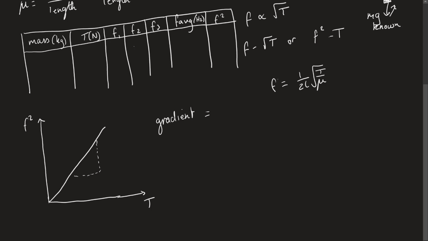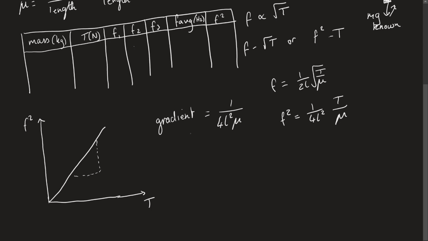But if I've squared the f, that means it actually becomes f squared is equal to 1 over 4l squared t over mu, which means the constant, the gradient, should actually be equal to 1 over 4l squared mu. And this is another check that you can do.